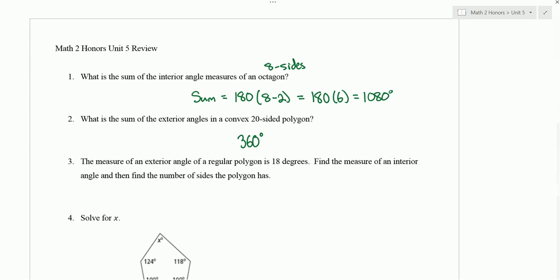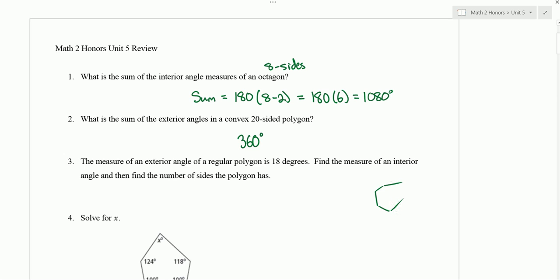Number 3, the measure of an exterior angle of a regular polygon is 18 degrees. Find the measure of an interior angle, and then find the number of sides the polygon has. So, if you have a polygon, we're not sure how many sides.